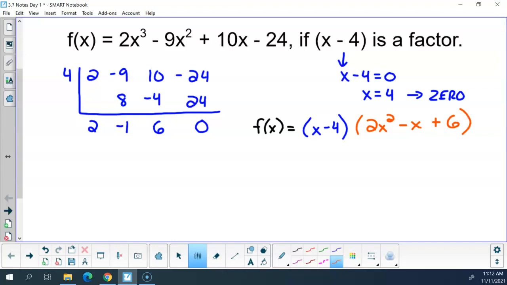Okay, so now we have to see if we can factor that, right?